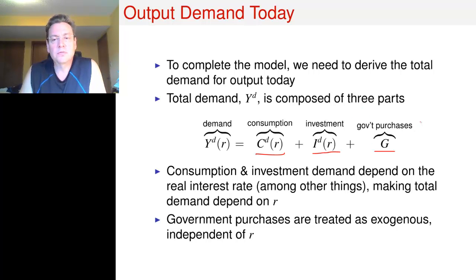So everything here stays within the model, stays within the economy. Now, consumption and investment demand, as we know already, depends on the real interest rate. And therefore, the total demand for goods also depends on the real interest rate. We're just treating government purchases as exogenous, so they're not influenced by the real interest rate.